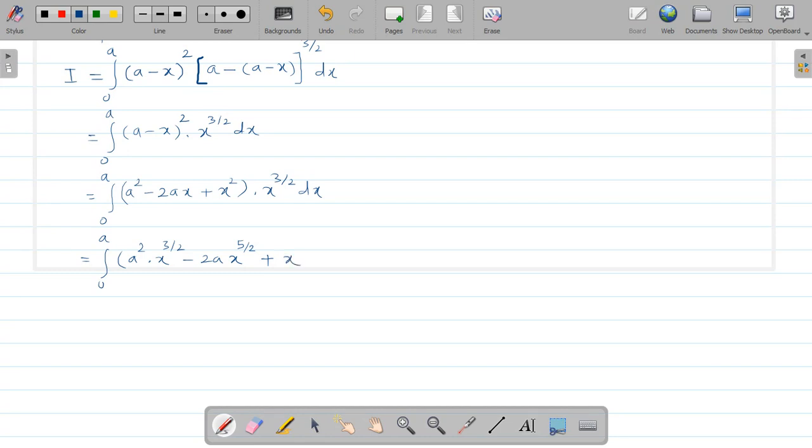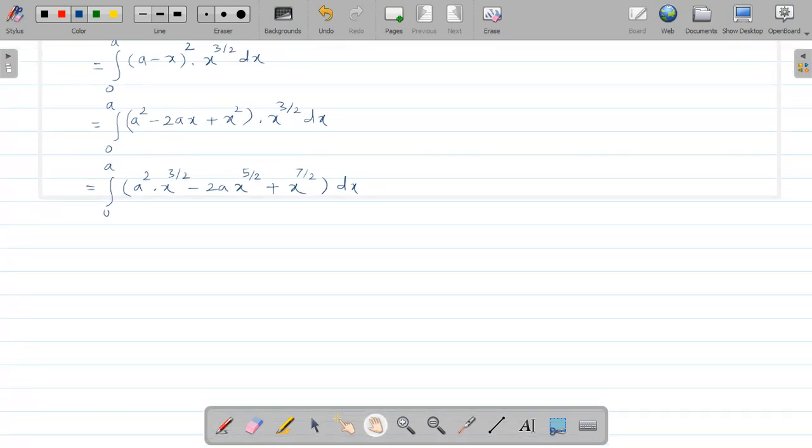Then what will be the index of x? 2 plus 3/2, that is 7/2. Check this carefully, dx.